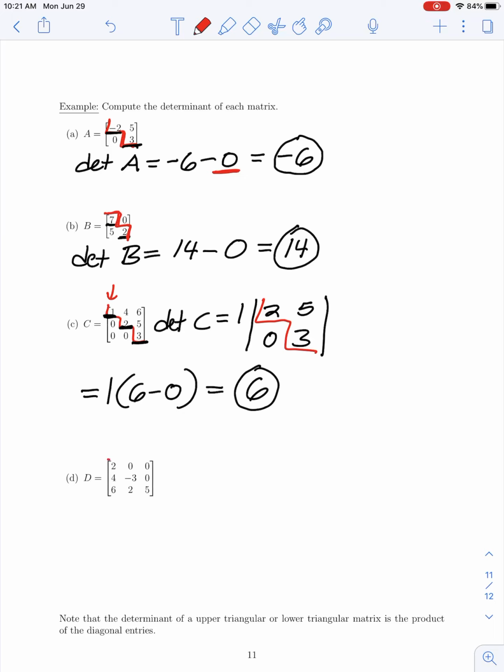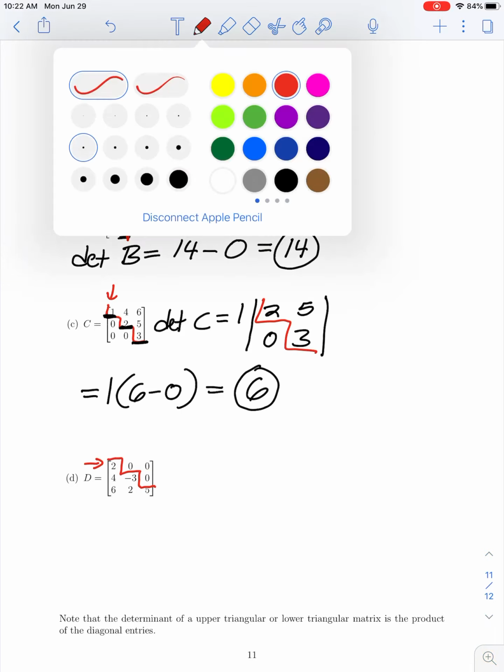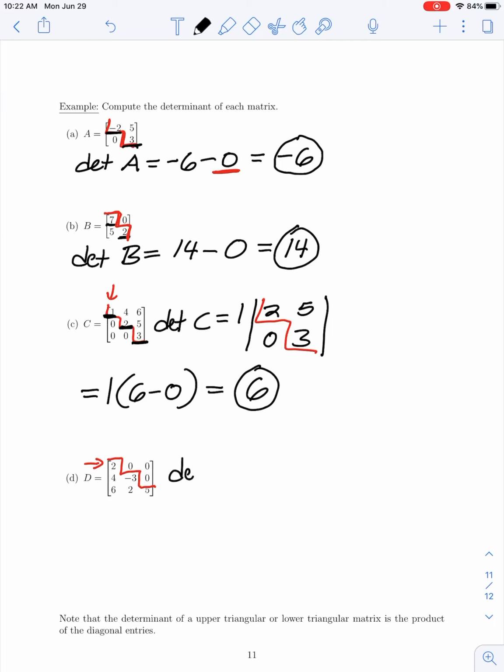So in part D, we have a 3 by 3 matrix, which is in lower triangular form. All of the entries above the main diagonal are zeros. So using a cofactor expansion, say, along the first row, we would have the determinant of D as 2 times the determinant of the matrix with rows -3, 0 and 2, 5, minus 0 plus 0 as we keep moving along the first row.